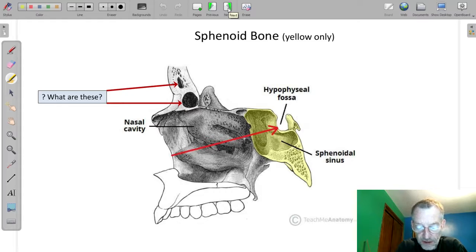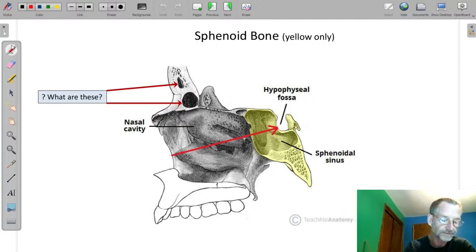And another view of the part of the sphenoid in yellow, and it's showing the sphenoidal sinuses. So we talked about the frontal sinuses. Well, there are also sphenoid sinuses that make up part of the paranasal sinuses. The sagittal view, there's the hypophyseal fossa again.